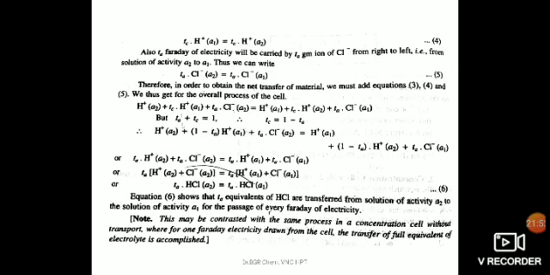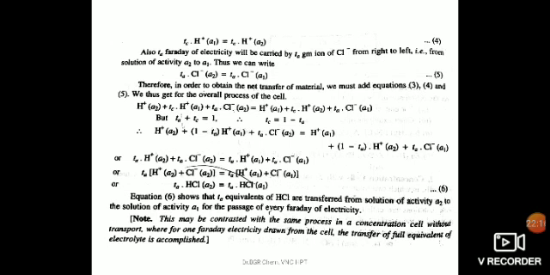So, that equation reduces to the form Ta into H plus A2 plus Ta into Cl minus A2 giving rise to Ta into H plus A1 plus Ta into Cl minus A1. We have taken the A2 terms on one side and the A1 terms on the other side. Common terms have been cancelled on both the left hand side and right hand side.